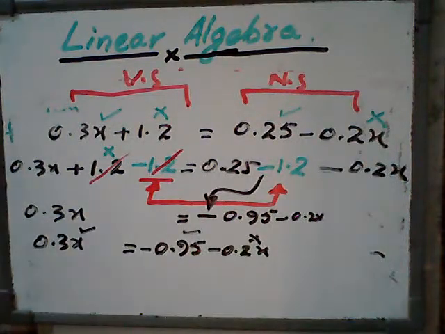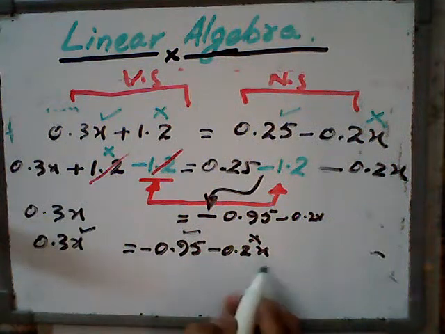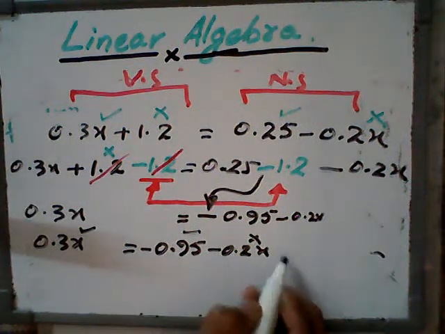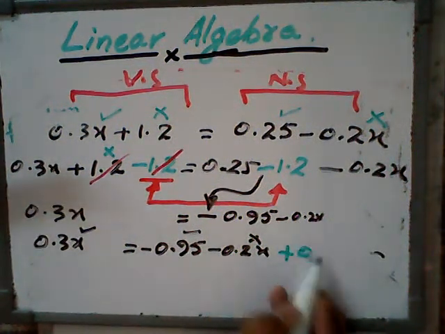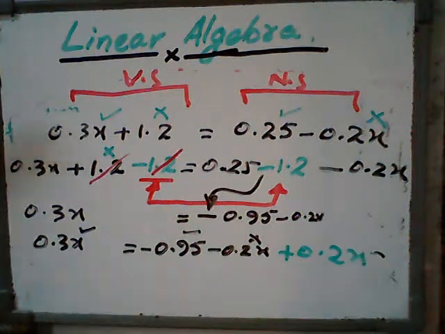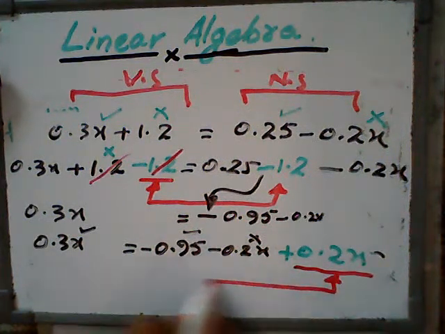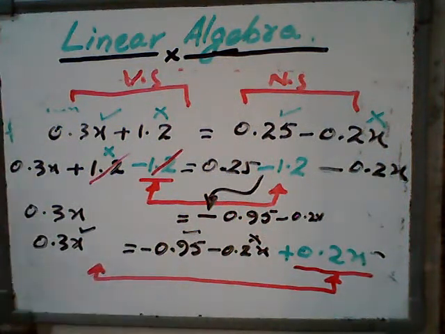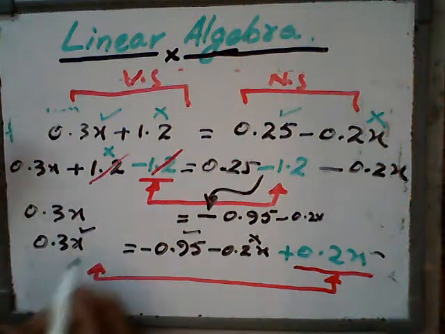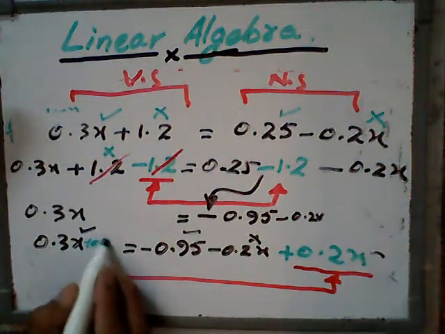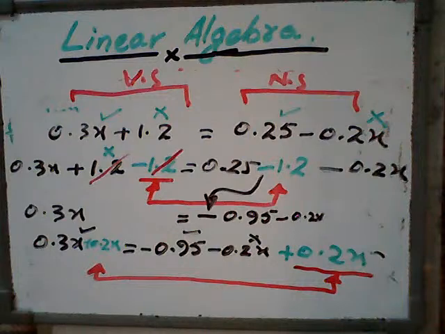So minus 0.2x will be removed by the same number with the different sign. Minus 0.2x means plus 0.2x. And if we do it here, it makes the equation unbalanced. So we'll do the same thing on the other side, as 0 plus 0.2x. And that is here.